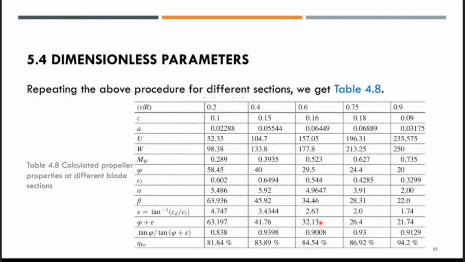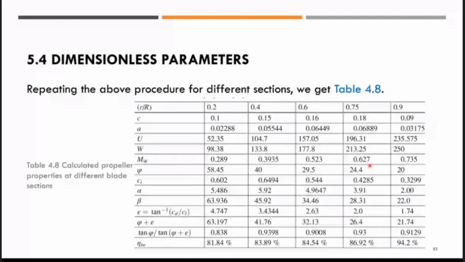So if you can continue on yourself, repeating the above procedure for the different sections. Just now we only calculated for 0.4. You can continue for 0.2, 0.6, 0.75, as well as 0.9.